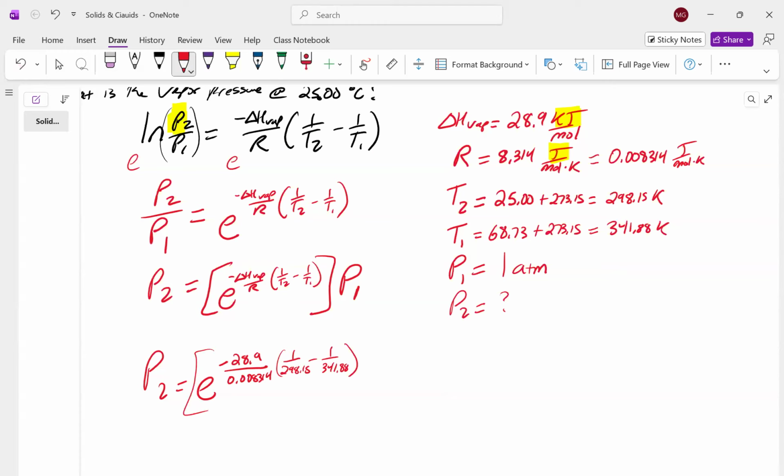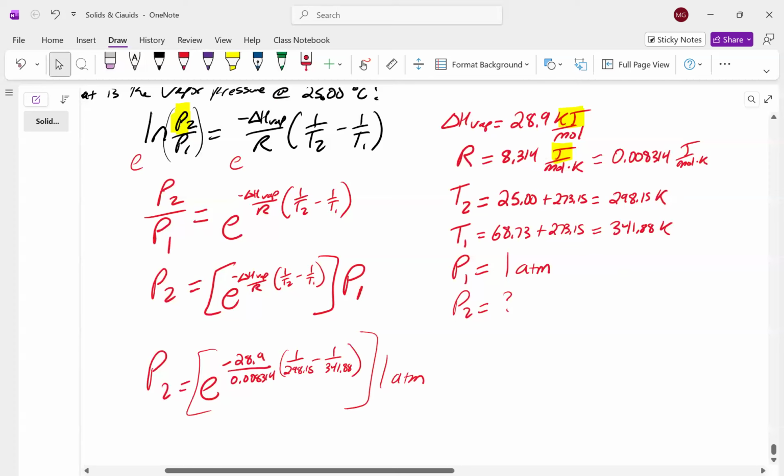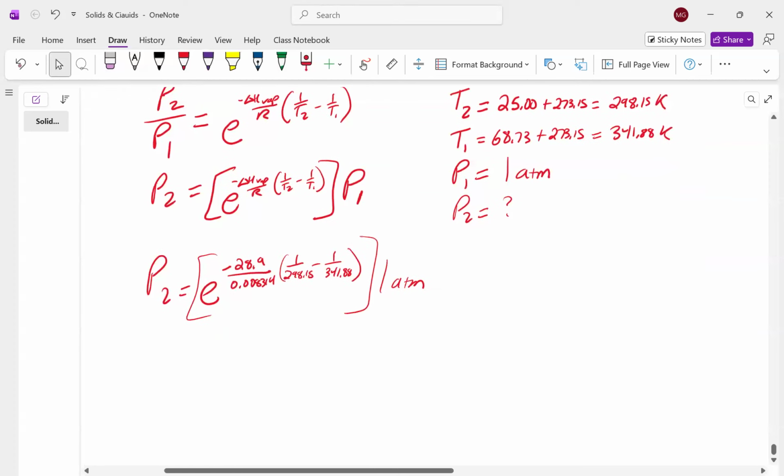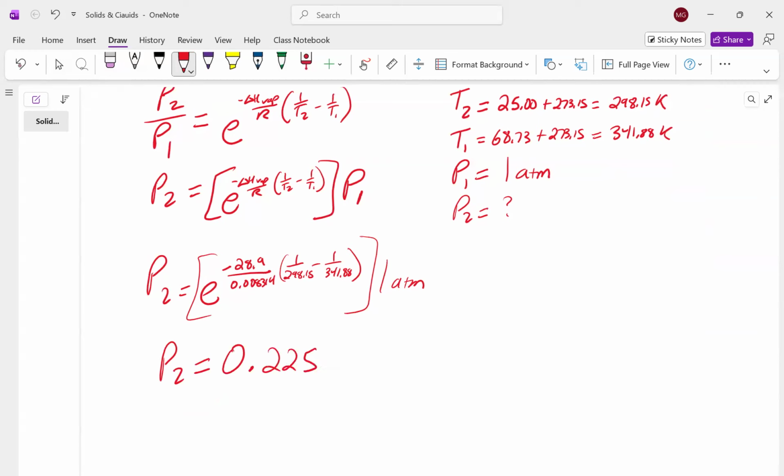And all of that is times 1 atmosphere. One of the most common mistakes on this is not that you don't know how or where the numbers are coming from. It's just that you're not putting them correctly in your calculator. So I highly encourage you to go through this problem. I'm not going to go through every mathematical operation, but if you put this into your calculator correctly, you should come out to 0.225 atmospheres.